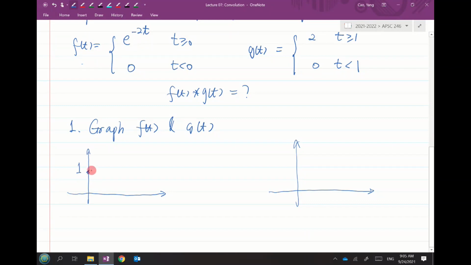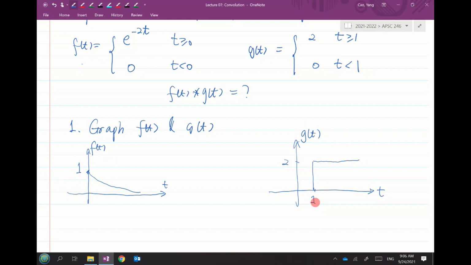So you get a graph that looks like this, and this is your f of t. Then g of t is a piecewise function: when t is less than 1, you put a 1 over here, and when t is greater than 1, you are at 2. Sometimes we call this kind of function a step function. It steps up and then maintains a constant value from that time on.